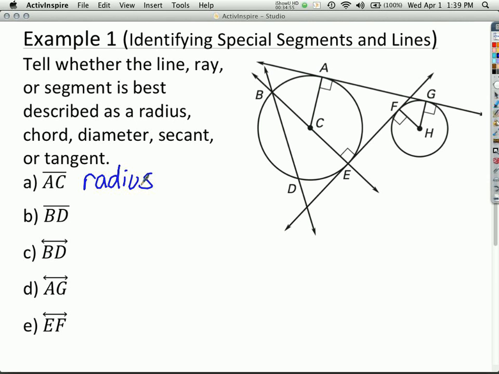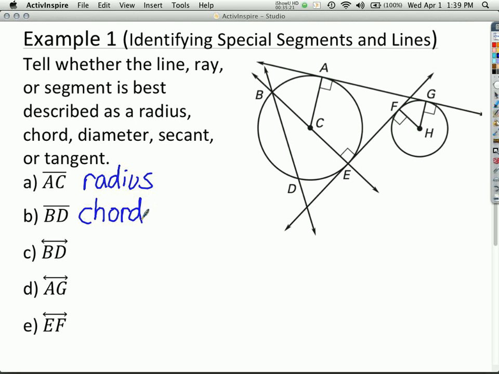Very good. Part B, segment BD, and I have team B. Shelby, what did your team conclude that the best name was for that? I'm sorry? Chord. Your team proposes that the best name for this would be chord. Everybody else, give me a thumbs up if you agree that the best name is chord. Yeah, and I did, good, put your thumbs down.